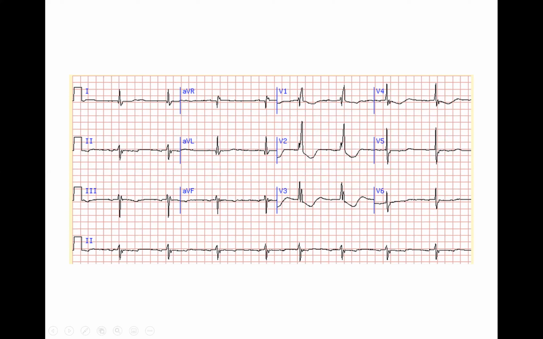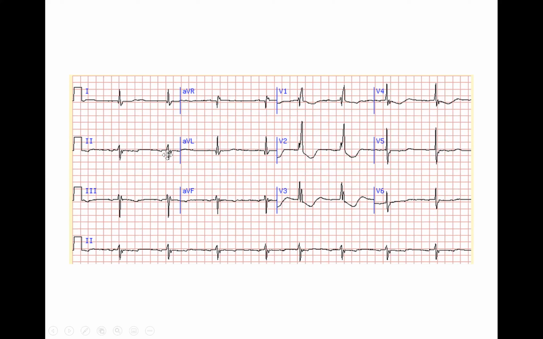There is some irregularity, and in V1, V2, V3 signs of right bundle branch block, and in V4, right bundle branch block. Okay, so there is right bundle branch block. And now here, what is different from the previous one, this left axis here is due to left anterior hemi block.